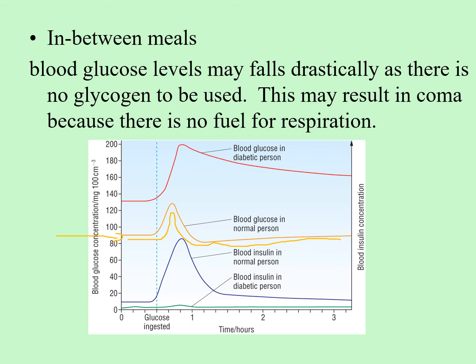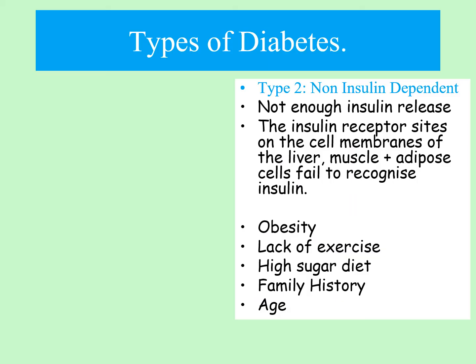But the red line shows you a diabetic, so their blood sugar levels are higher anyway, and after the meal they go up a lot higher, and they last a lot longer because your insulin isn't there to break it down. The only way you get to lose that glucose is by respiring it naturally, because you're not producing the insulin to tell your liver or muscle cells to absorb it.